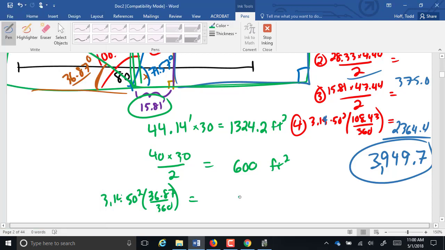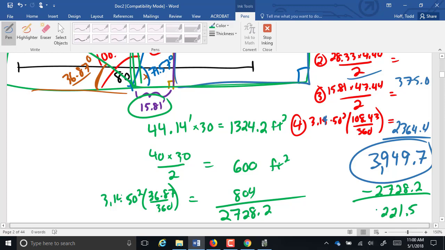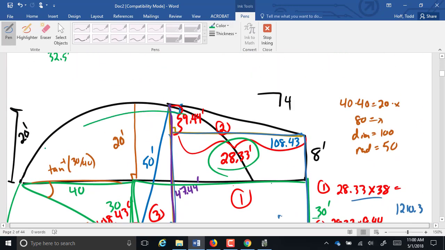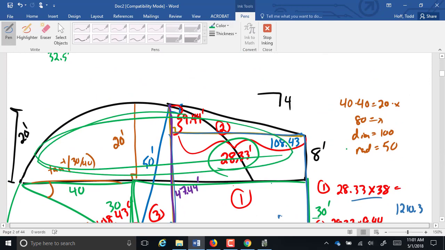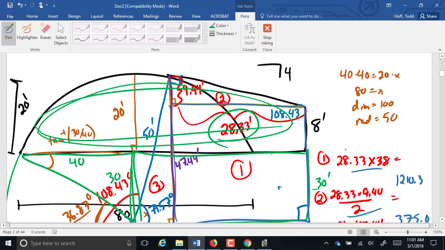That gives us 804, we're going to call it. So 2728.2, so we subtract that. We're at 1,221.5 square feet is the area of what we had there. So 1,225 square feet up there. What do you think? Not terrible?